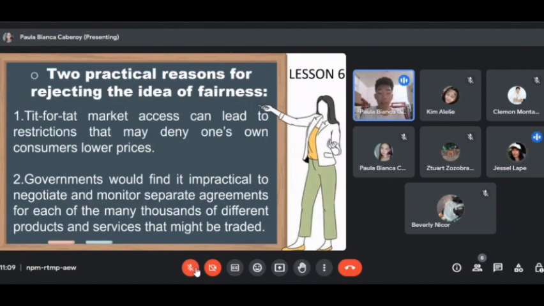Second, governments would find it difficult to negotiate separate agreements for each of the many thousands of different products and services that might be traded.